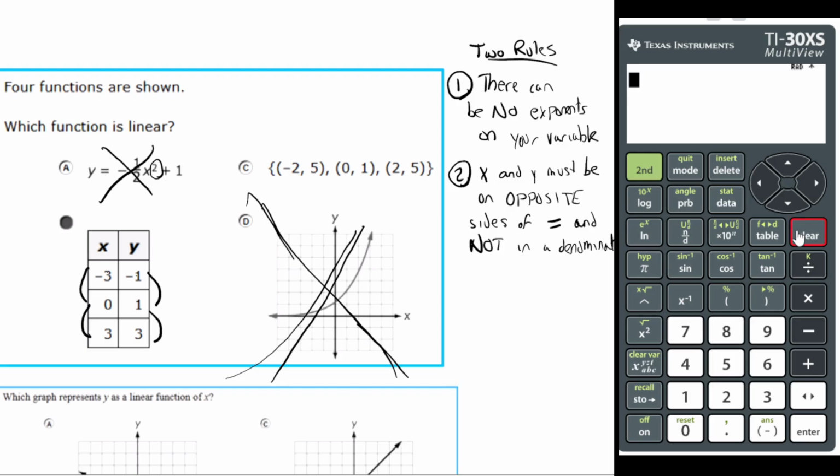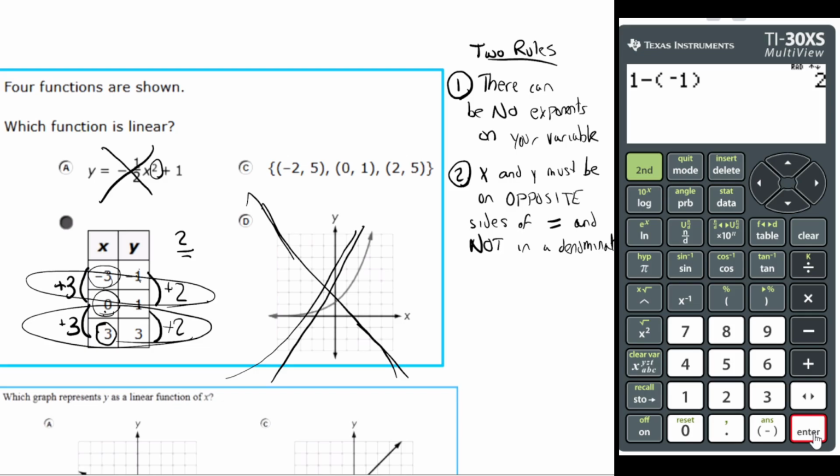Between this x and this x, 0 minus negative 3, we're adding 3. 3 minus 0, we're adding 3. 1 minus negative 1 is adding 2. 1 minus negative 1 is adding 2. 3 minus 1 is adding 2. You see that we stay consistent. Our slope here would be 2 over 3, our change in y over our change in x. Because it's consistent, that has to be our correct answer.